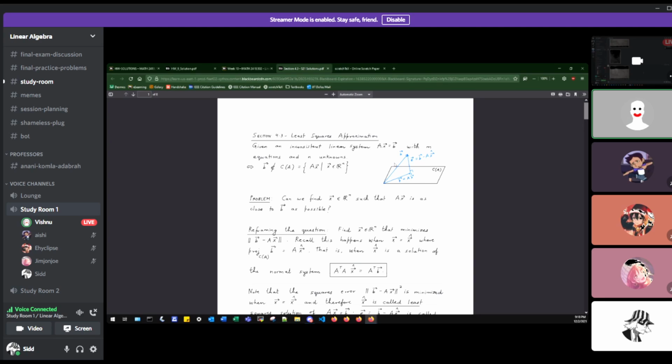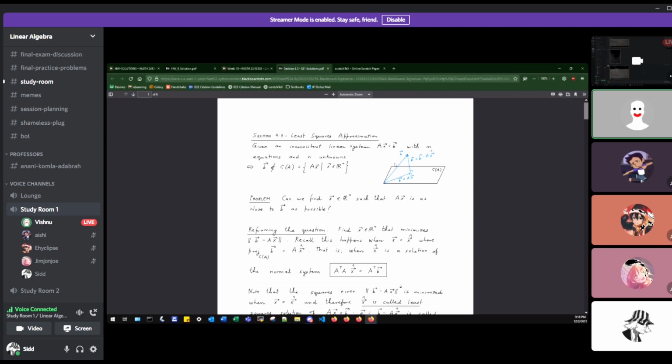One of the most wide-reaching applications of this would be linear regression, where you want to fit a line of best fit to a group of points even if this group of points doesn't actually belong on one line.